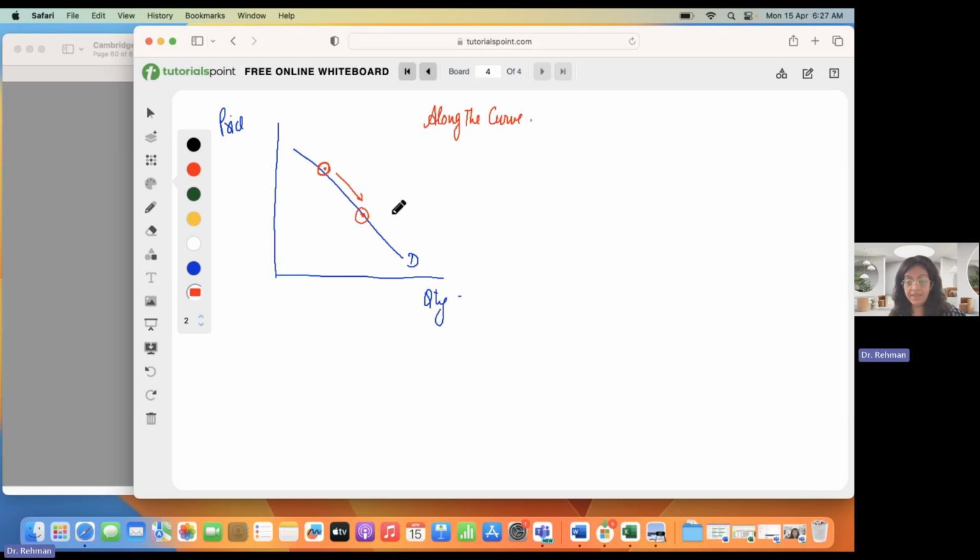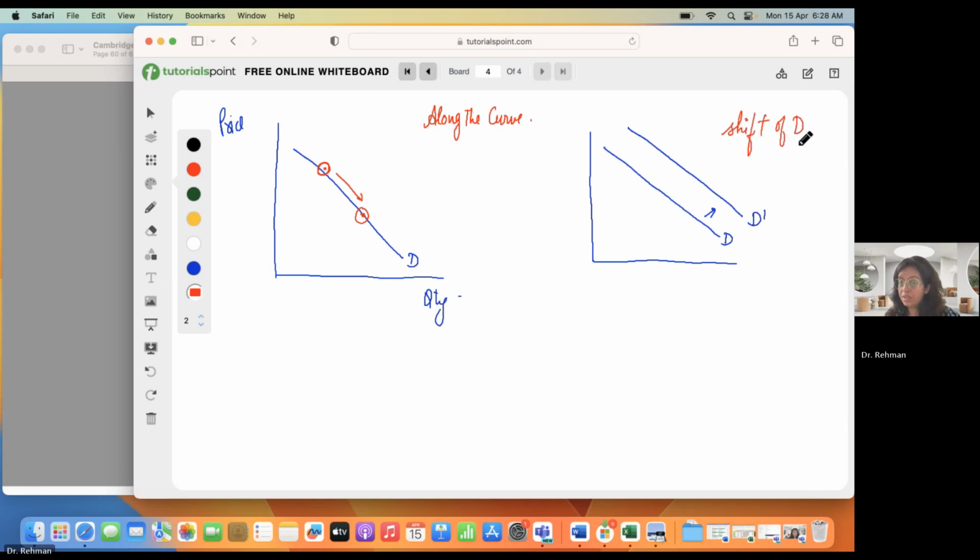On the other hand, there is another movement in which the demand curve itself moves from one position to another. This is called a shift of the demand curve.